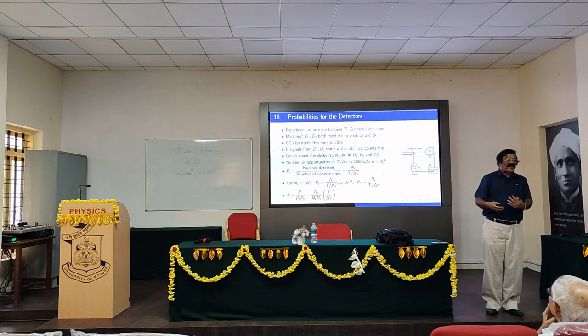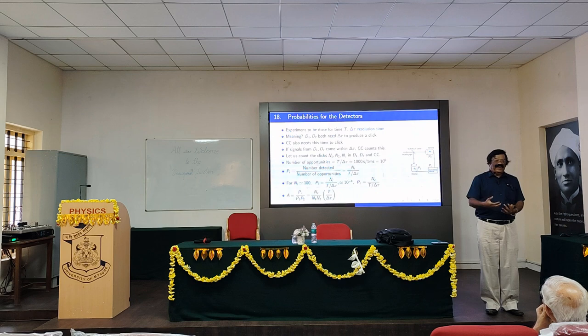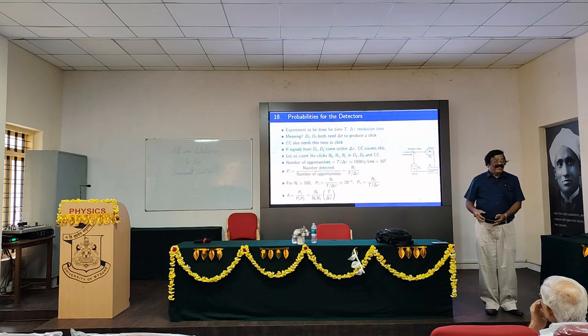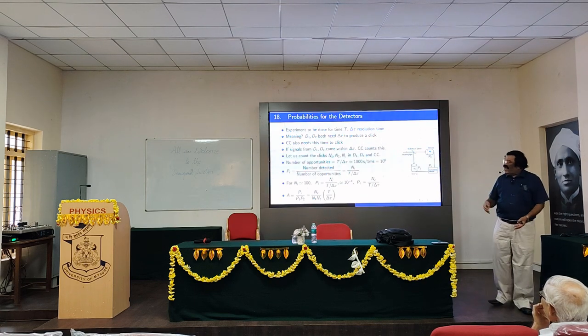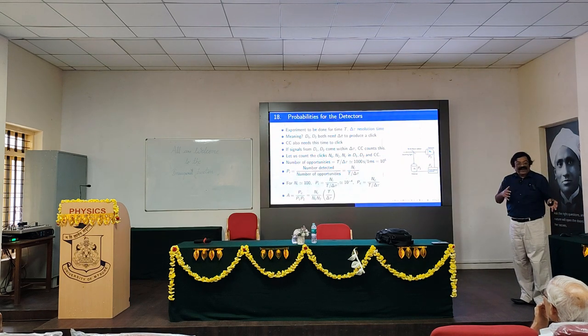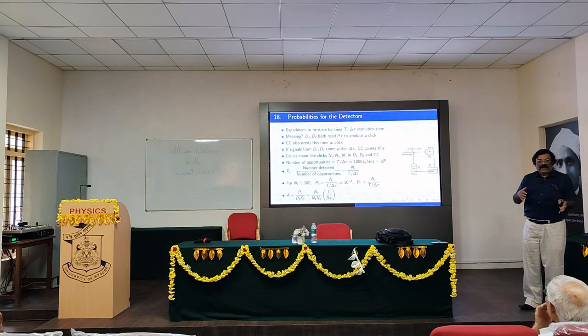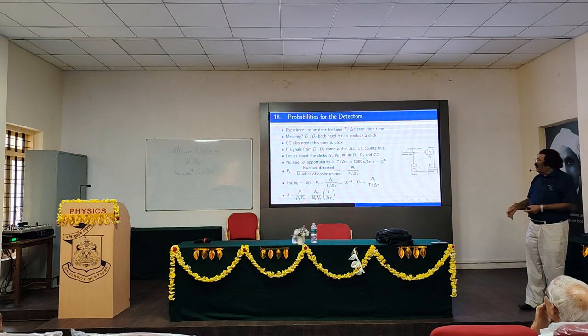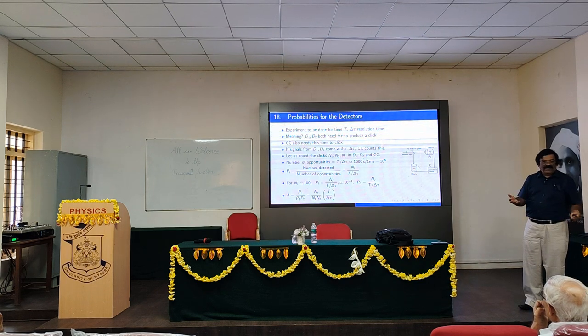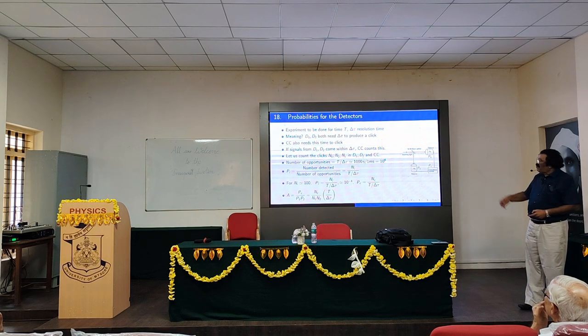Within that time, if another particle comes, it goes undetected because the detector is busy. Detectors do have a certain time because they have to prepare themselves. CC is not different. It is also a detector, so it should also have some resolution time.